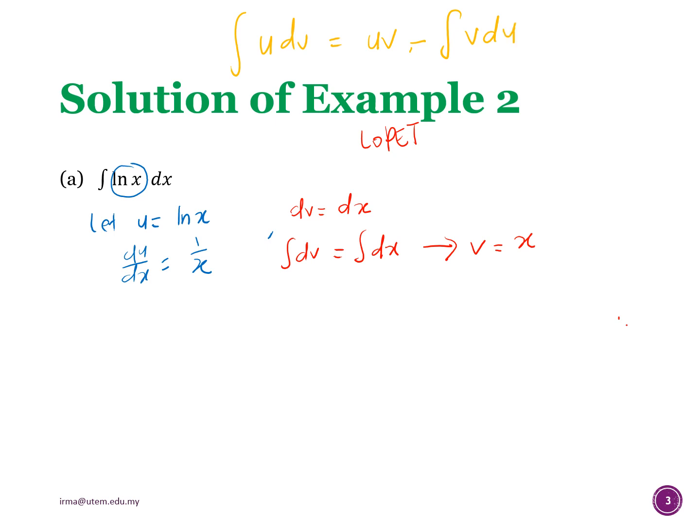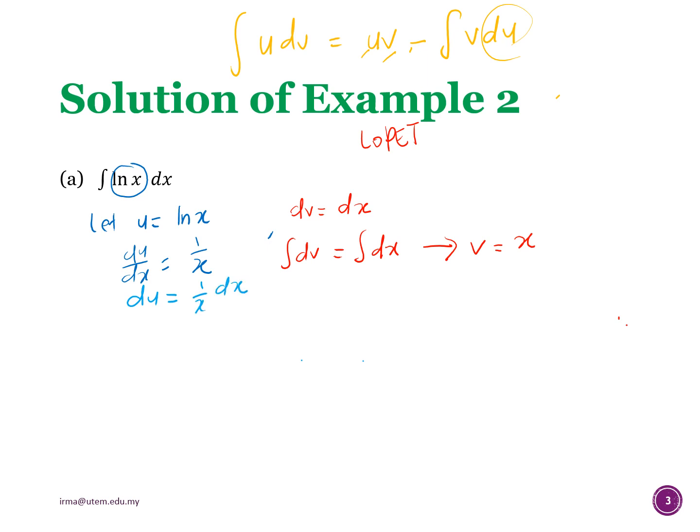We have chosen u and we have obtained v. Now is du. You can get du from du dx, so du equals 1 over x dx.